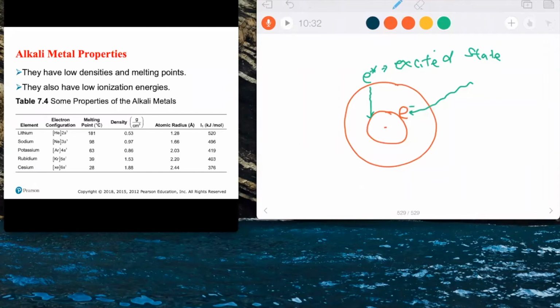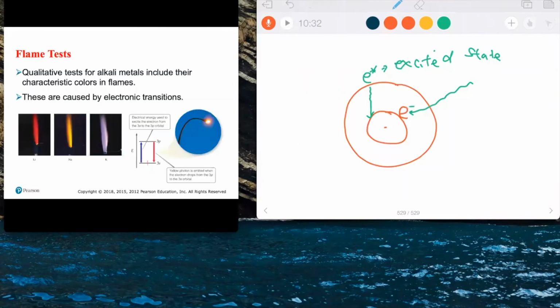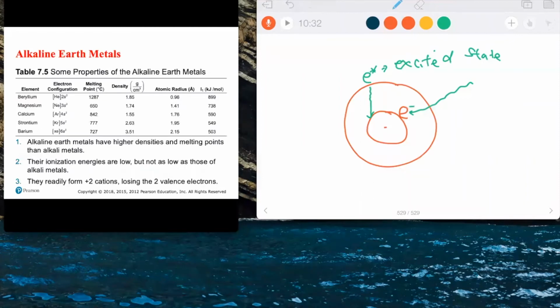Because we are increasing the nuclear charge, which means the force of attraction keeps on increasing, this leads to higher ionization energy compared to group 1. Remember, the ionization energy increases going across the periodic table because of the increase in the effective nuclear charge.